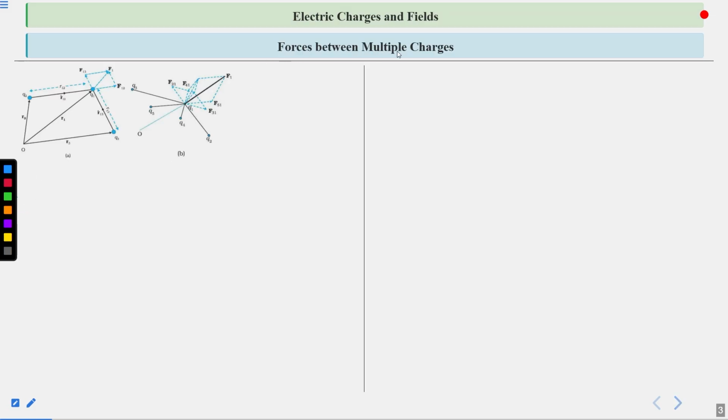Forces between multiple charges. As shown in the figure, there are multiple charges Q1, Q2, Q3. A system of three charges, or we can say multiple charges in figure B: Q1, Q2, Q3, Q4 and Q5.